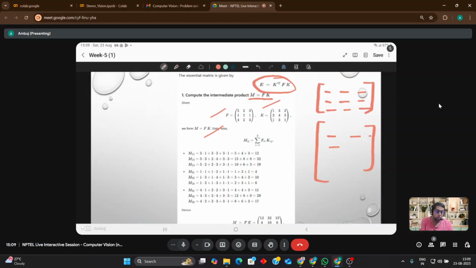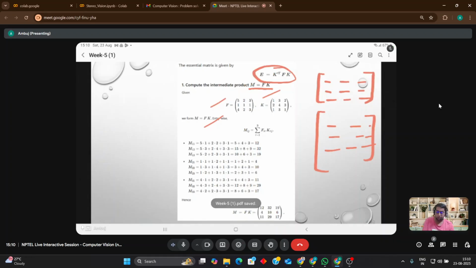The basic condition you know is that if a matrix is of order A cross B and another matrix is of order P cross Q, then the necessary condition for matrix multiplication is that B should be equal to P. Only then is the multiplication possible. Then you just carry out the multiplication row by column and calculate every element.